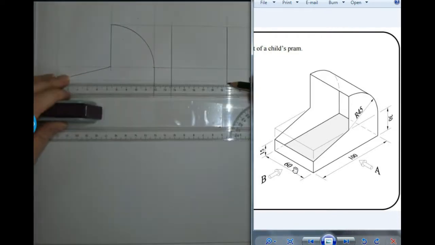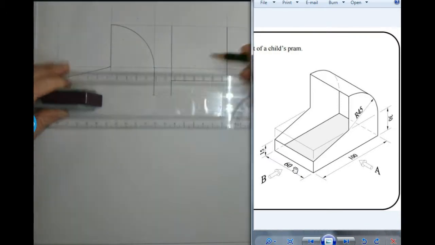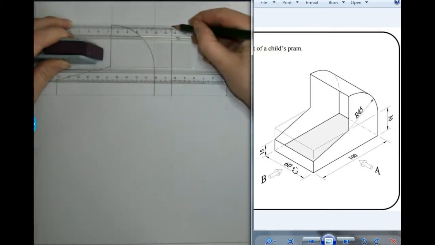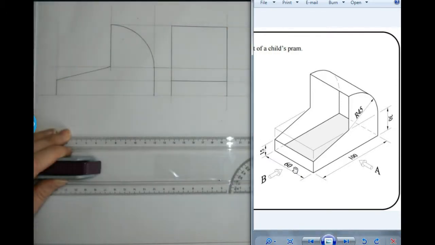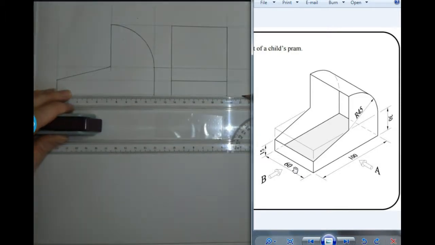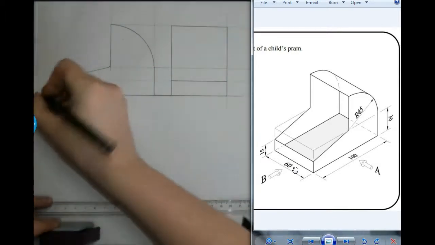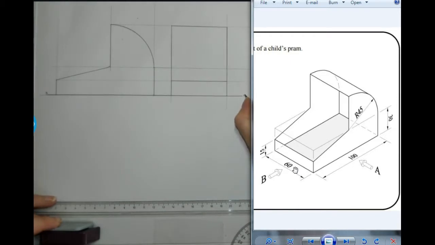And I'm going to have a dark line here, and a dark line up at the top as well. Now I'm going to darken in my XY line because I know the length of it. Obviously that there now is my XY line.